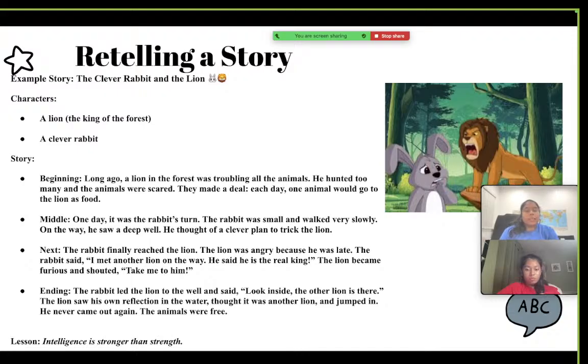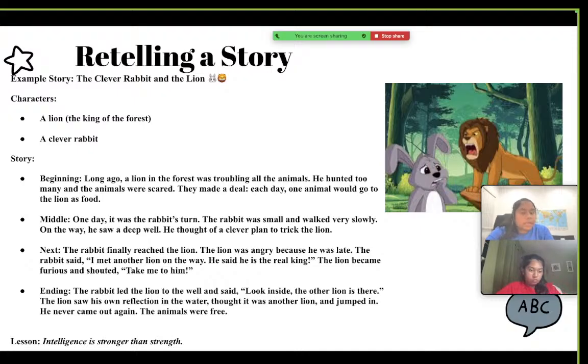Characters. The lion troubles all the animals. Then the rabbit said he met another lion, and the lion became very angry when he found out. So that's what happened next.